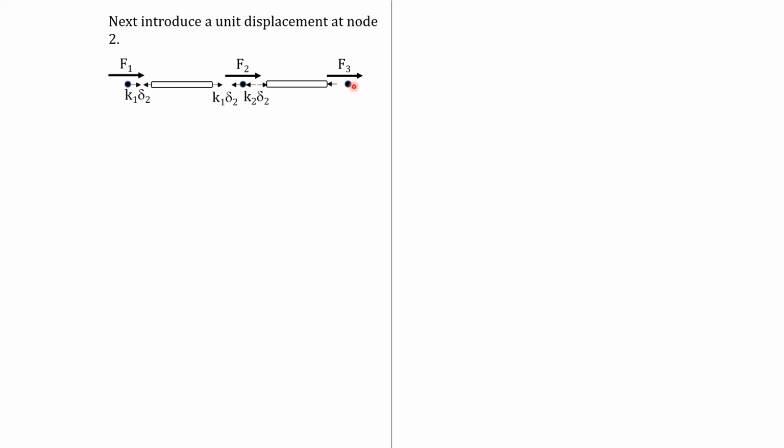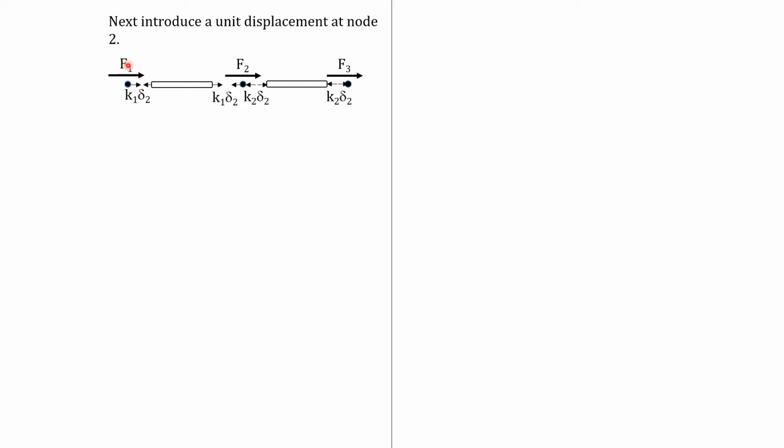But there's no force going to the left at this node because there's no displacement at 3. So that's K2 delta 2 by equilibrium of this element. So that's why the force here is also going to the left. So it is equal to K1 times delta 2, and by action-reaction, this is also K1 delta 2.